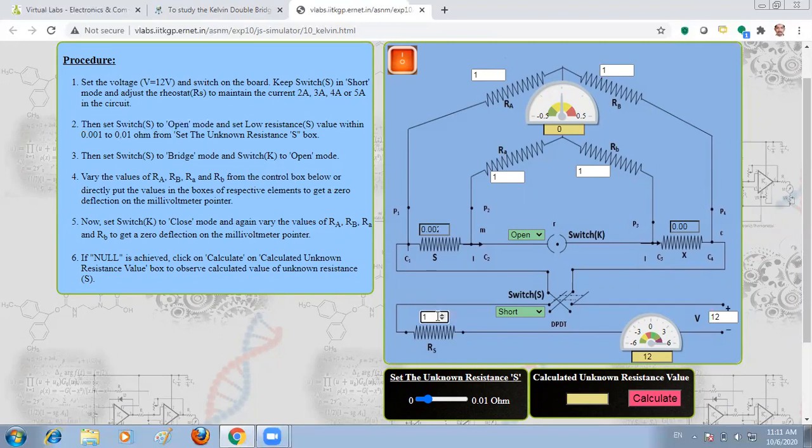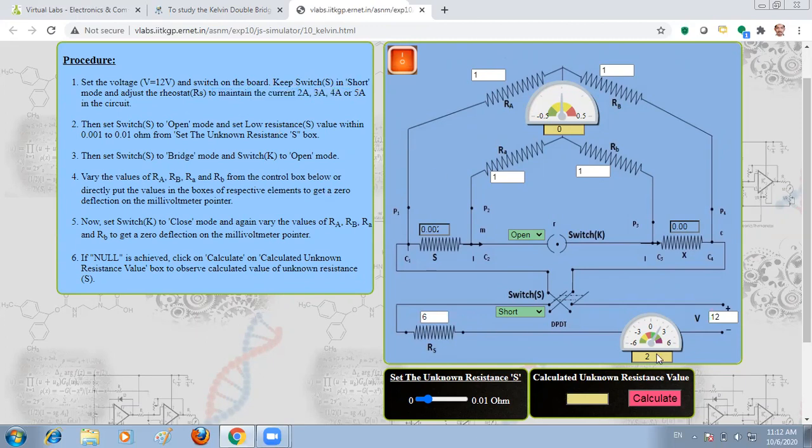Here we have selected RS as 6 ohm because we have to maintain a current like 2 ampere, 3 ampere in the circuit.